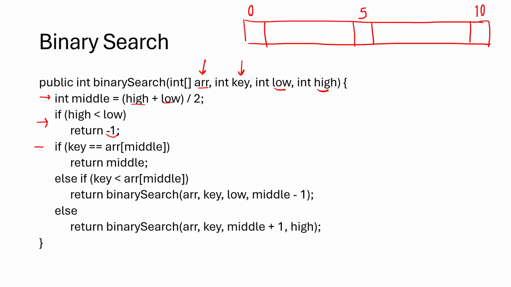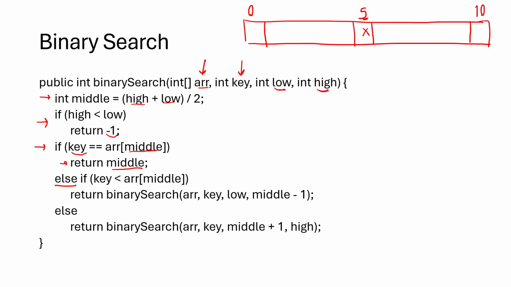Now, this is where the actual search happens. As we said, the first thing that we do is compare our target with the value that we find in the middle of the array. If they're equal, then we return the index of the middle, in this case 5, and we are done.